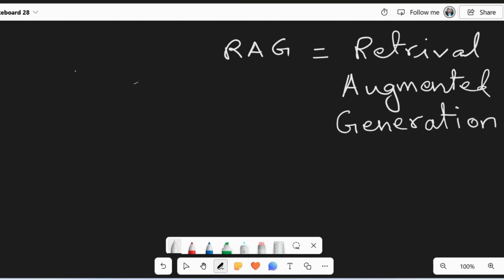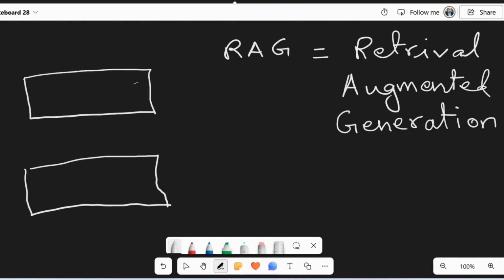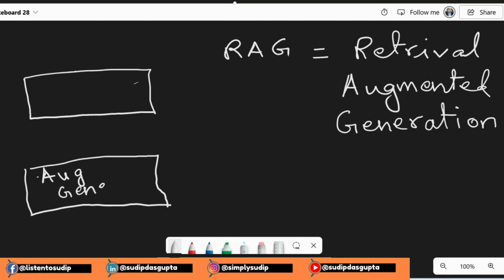Okay, so now let's see how this works. Let me draw two boxes. Excuse my drawing. So these two boxes, let's assume these are two systems. This one is the augmented generator, and this is the retrieval system.